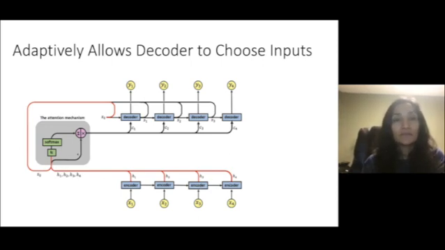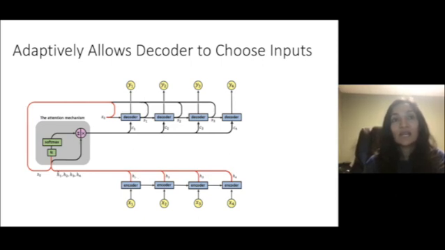And each of these states is visible to each of the decoder states based on a mechanism called attention, which looks at the present decoder state and together with all the hidden states decides how much it wants to let through. This is achieved via softmax, where the sum of all of these is 1. So it gives you a weighted summation of the hidden states that's customized for each decoder state. This is really what attention is.